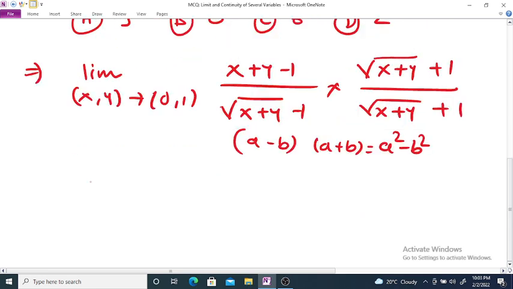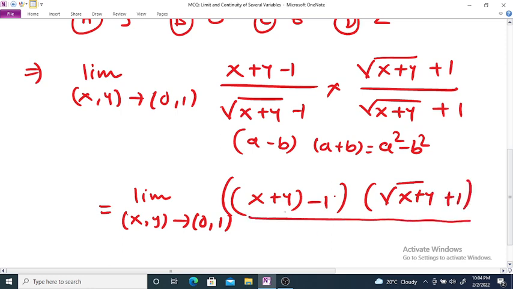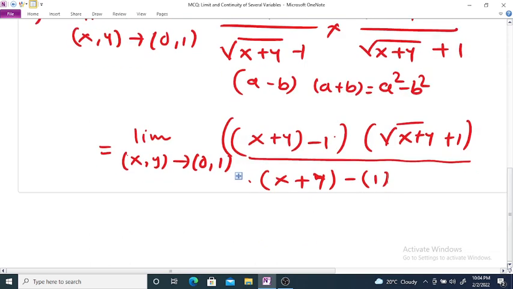It is equal to the limit as (x, y) tends to (0, 1) of (x + y − 1)(√(x + y) + 1) divided by, if we take a − b and a + b, a² − b², so it is x + y minus b², that is minus 1², so minus 1² is 1.